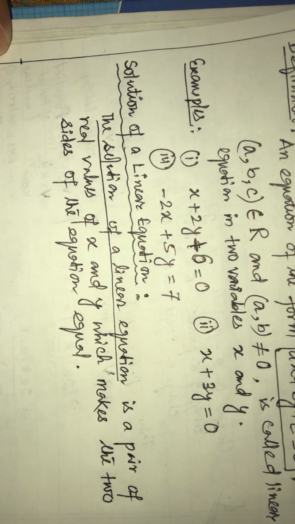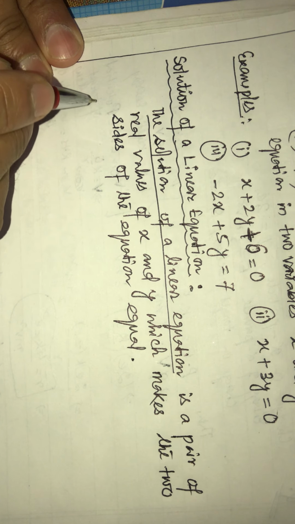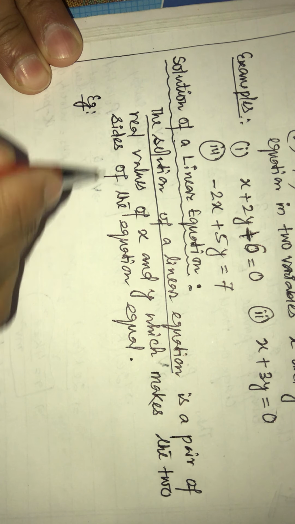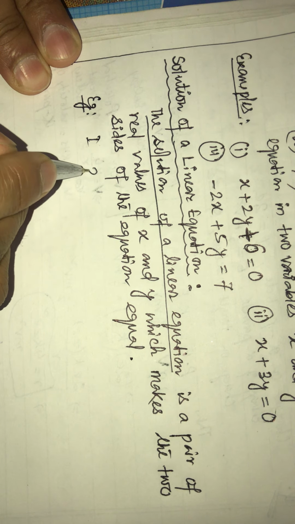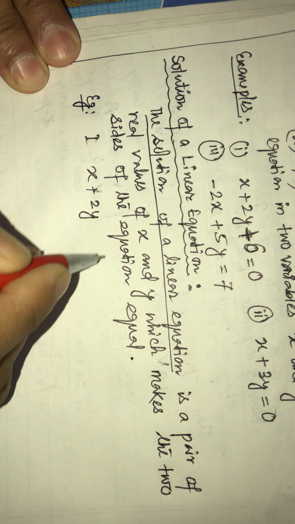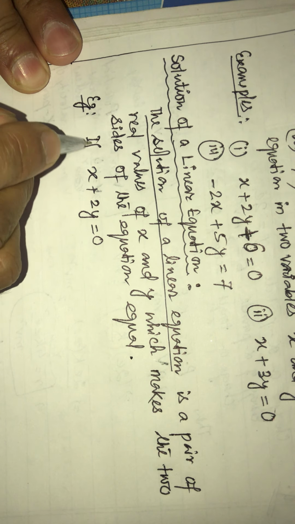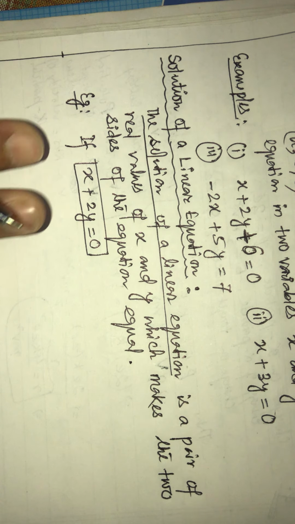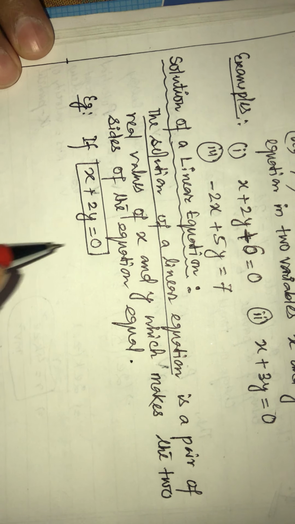Okay, now let's think about an example. Let me take this example, x plus 2y equal to 0.